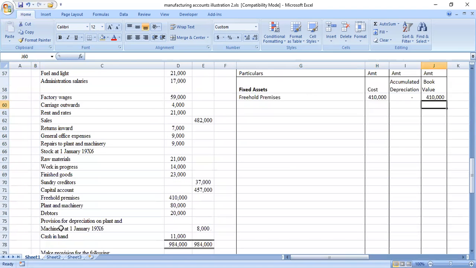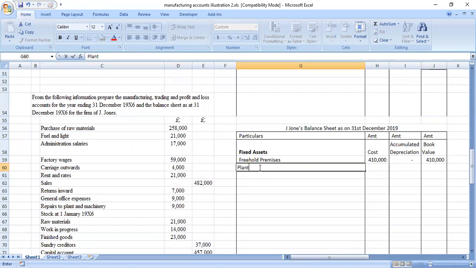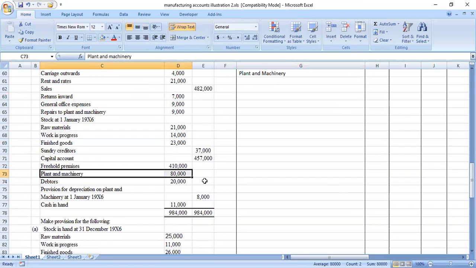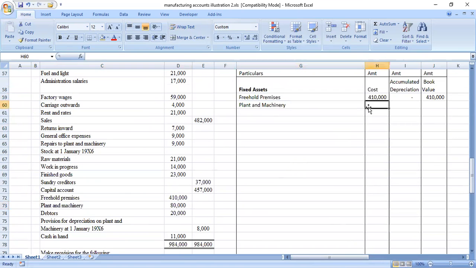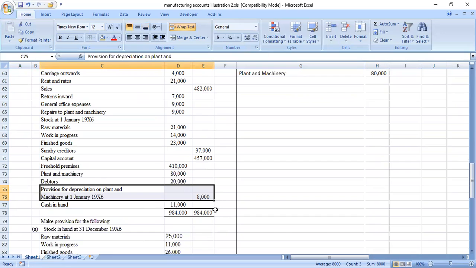The other fixed asset we have is plant and machinery. The plant and machinery whose cost is given as 80,000. Yes, 80,000. And then the accumulated depreciation of plant and machinery is equal to the provision for depreciation on plant and machinery as at the beginning, that is 8,000 shillings, plus the depreciation for the current year.